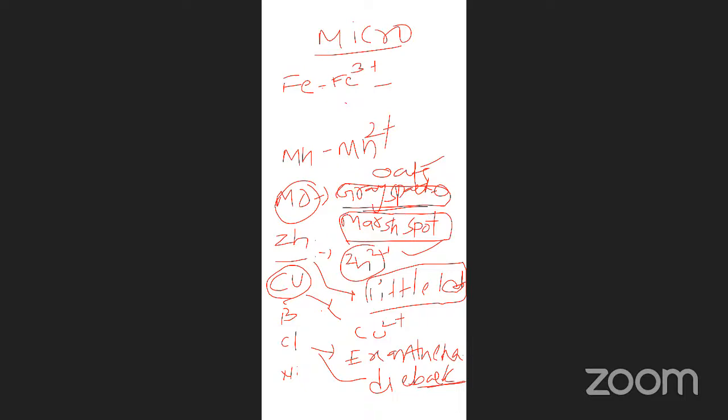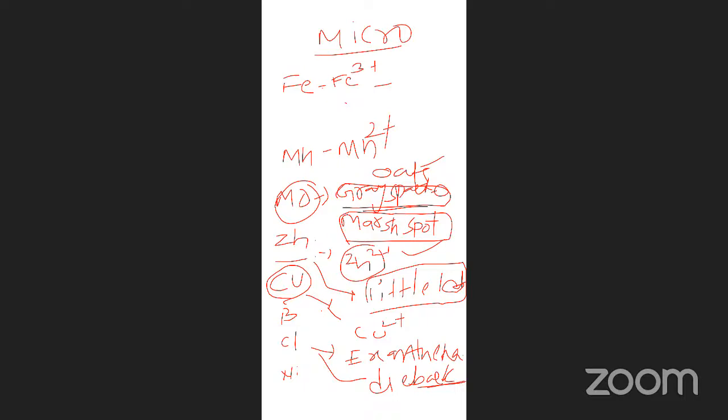Exanthema disease in citrus and dieback disease also form in citrus. Right, both. Whiptail disease, I will tell you later. So mainly for copper, exanthema and dieback disease. Next one, boron.